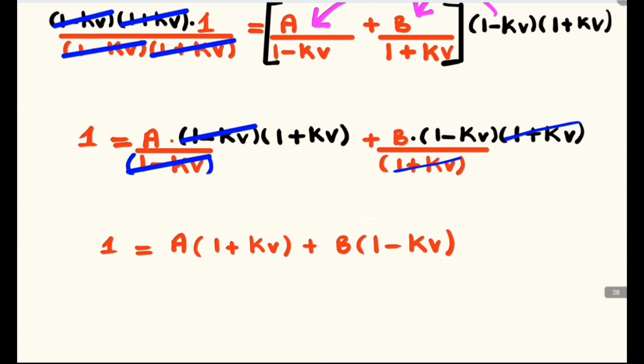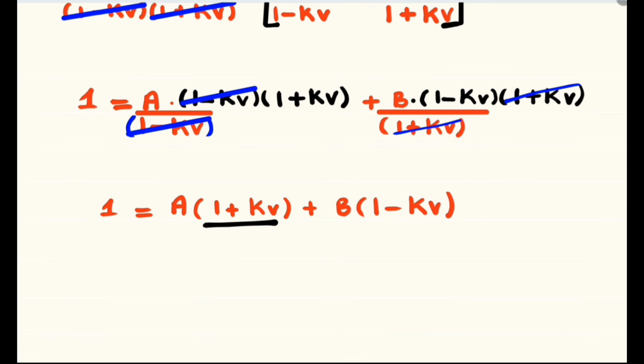We have to determine the value of v which will make the 1 plus kv equal 0, because 0 multiplied by a is 0, giving us an opportunity to determine the b. So for what values of v will 1 plus kv equal 0?